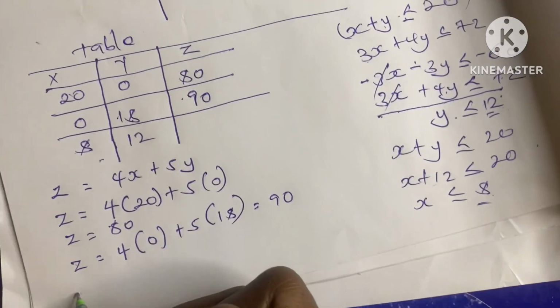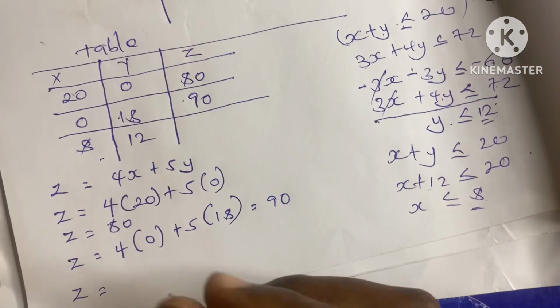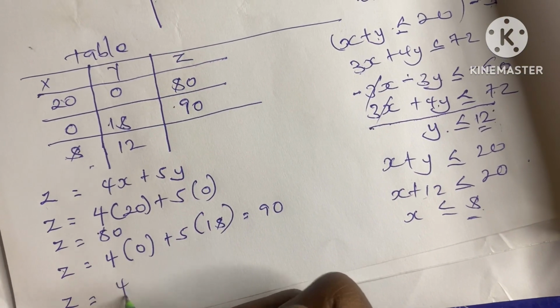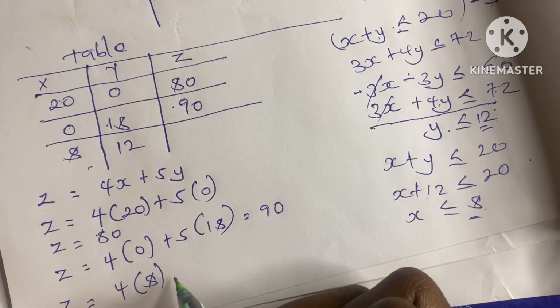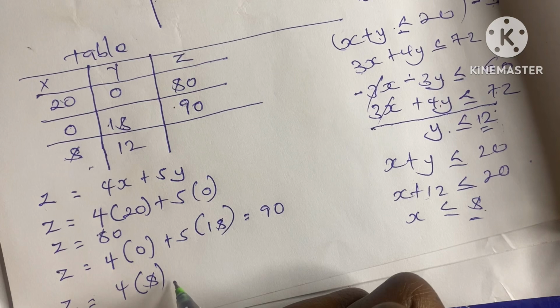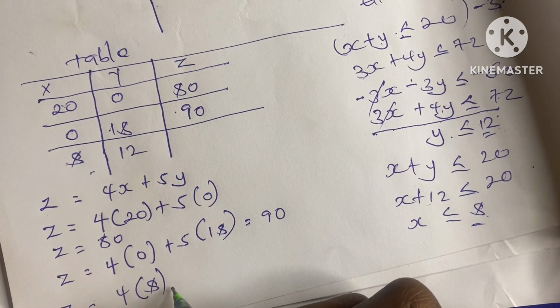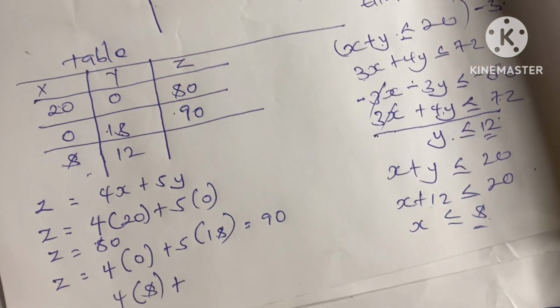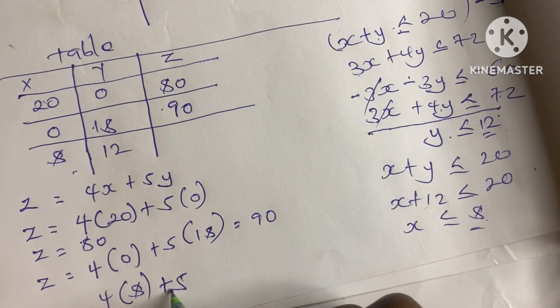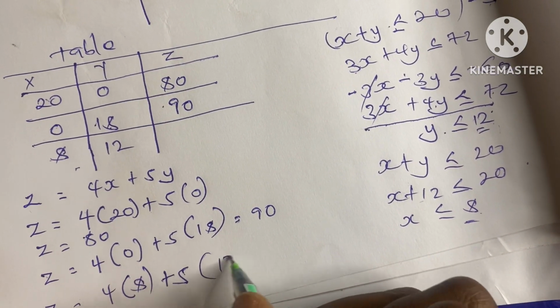Then the last one, z equals 4 into bracket, our x is 8, plus 5, our y is 12.